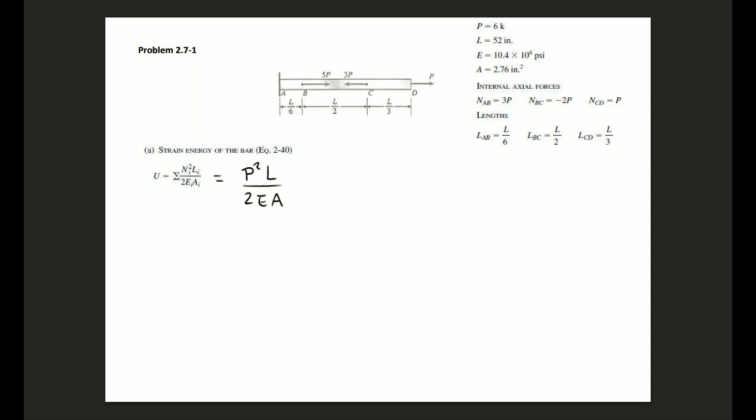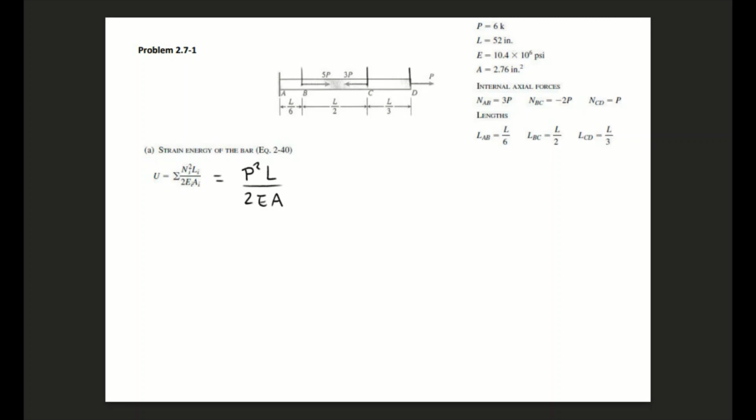The strategy, as we've done in previous problems, is to break up this figure into different sections. Each section is where a force changes your entire problem. In this first section, we feel the force from P. But the second we get into this section, we're feeling this P force and this 3P, so the 3P is going to push more that way.